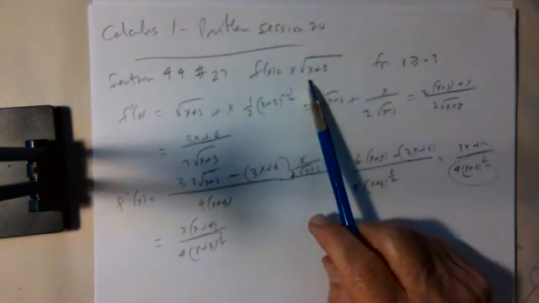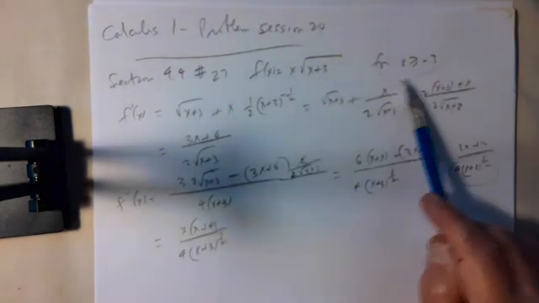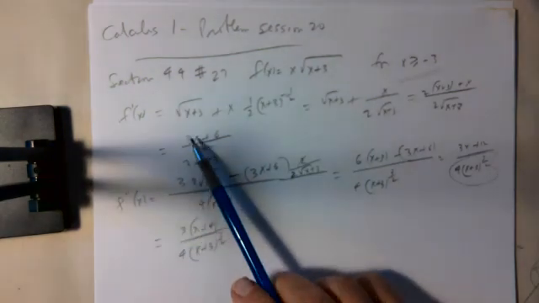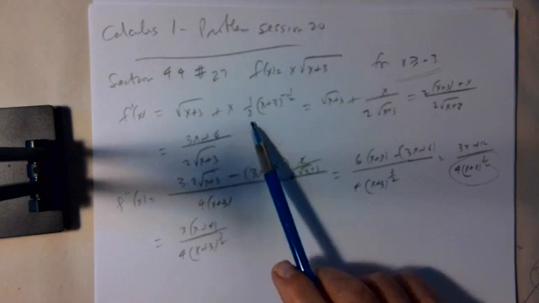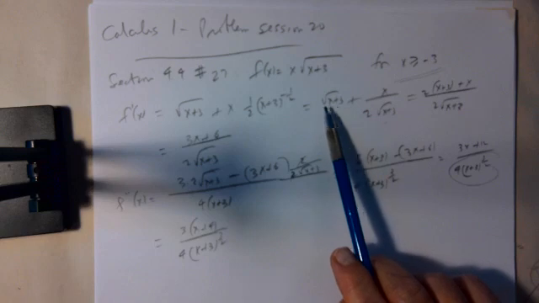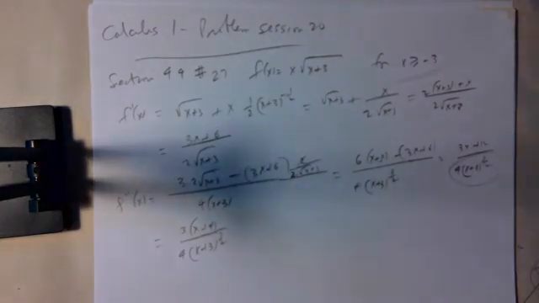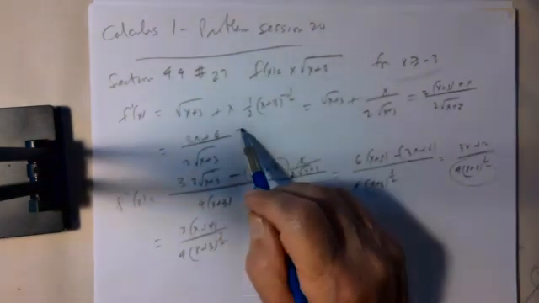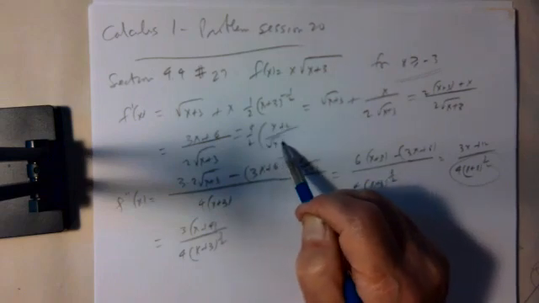So f of x is x times the square root of x plus 3, x greater than or equal to -3. First derivative is x plus 3 plus x times 1 over 2 times the square root of x plus 3. So that's 2 times x plus 3 plus x. That's 3x plus 6 over this. I could, if I wanted, write this 3/2 times x plus 2 over the square root of x plus 3.